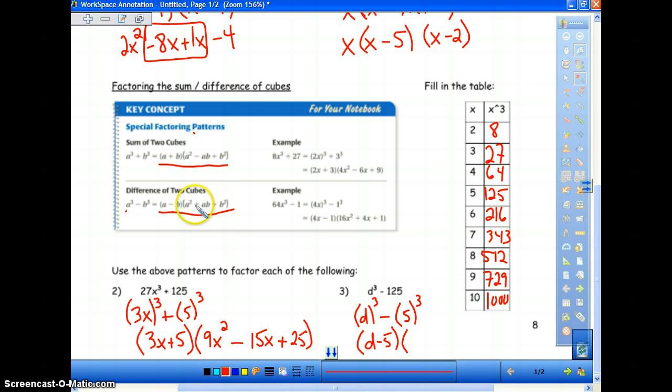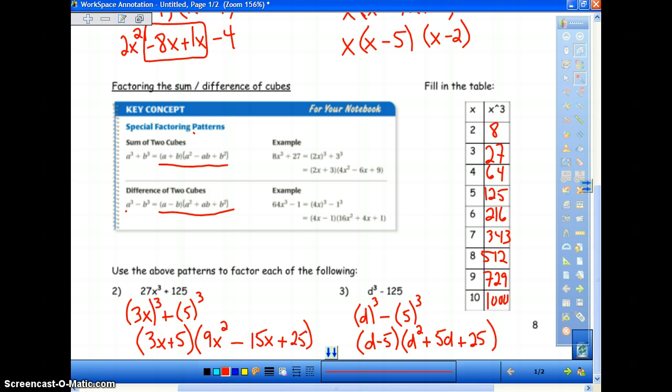And then we just follow along. A squared is going to be d squared, because d is a. Then we do plus a times b. So our a and our b is d and 5, so it's going to be plus 5d. And then the last part is plus b squared, our b is 5, so 5 squared is 25. And that is it for those.